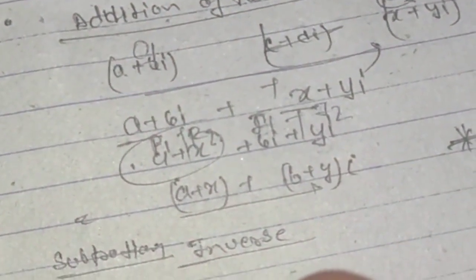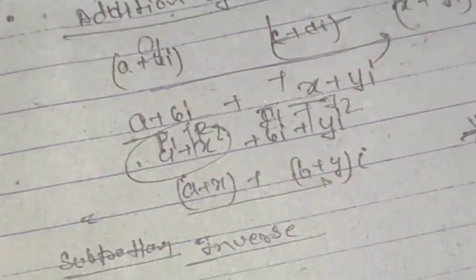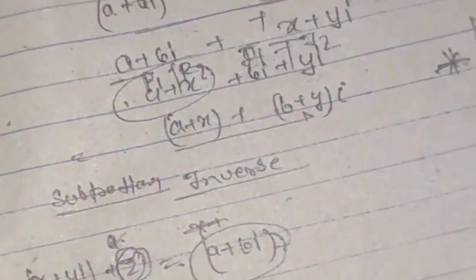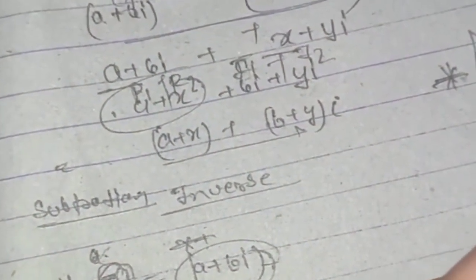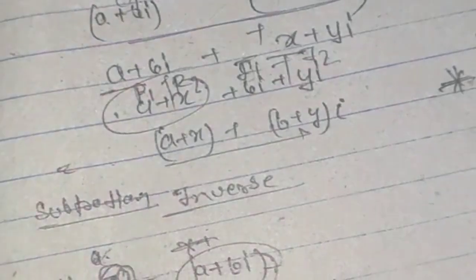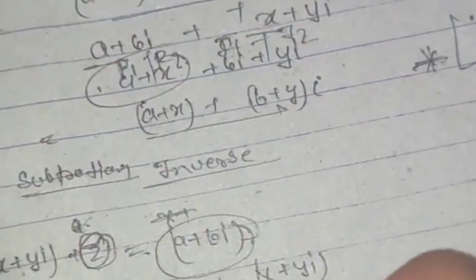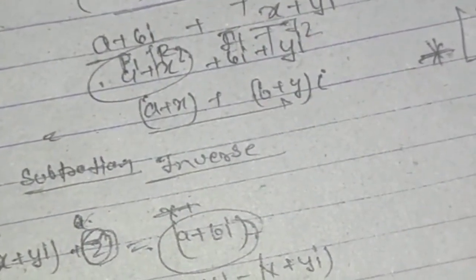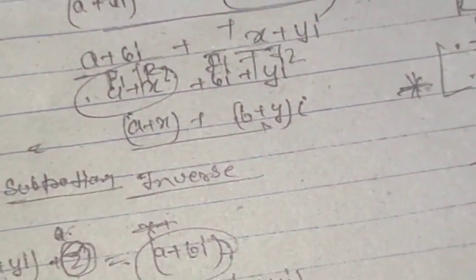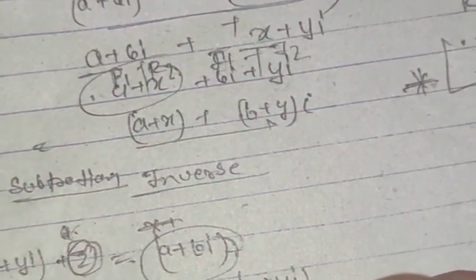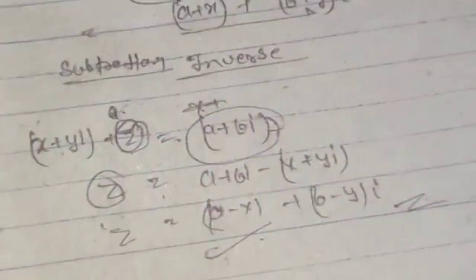When we add them, let's think how the complex number is found. So the complex number which we add, we find by subtraction of x plus yi. From the addition, it is the real part minus real and imaginary part minus imaginary. Always think that z is equal to this, a minus x, the real part minus real and the imaginary part minus imaginary.